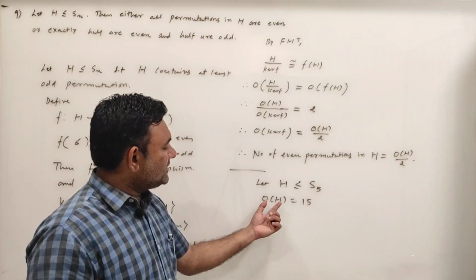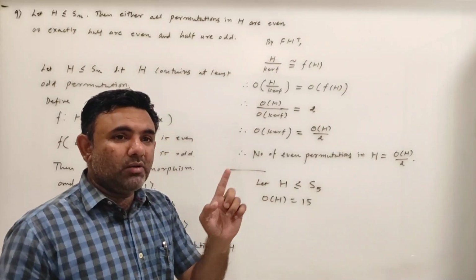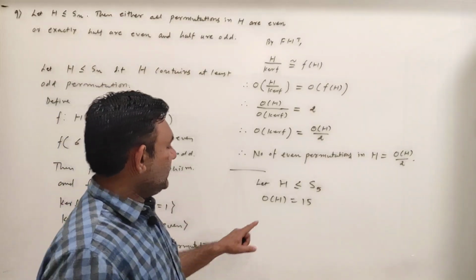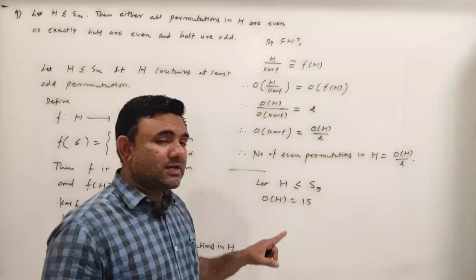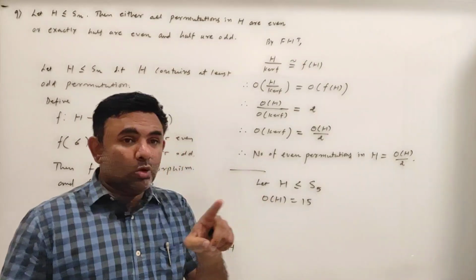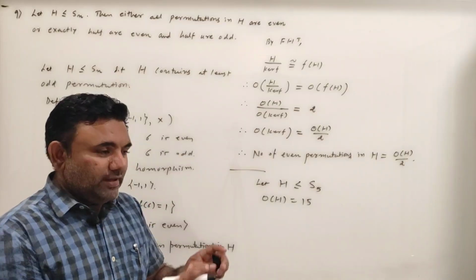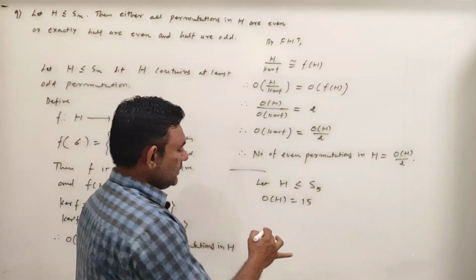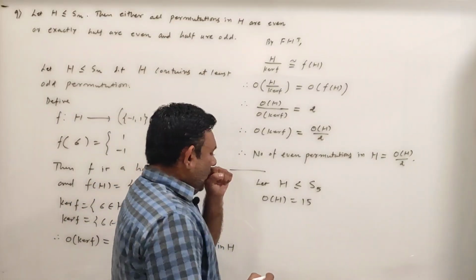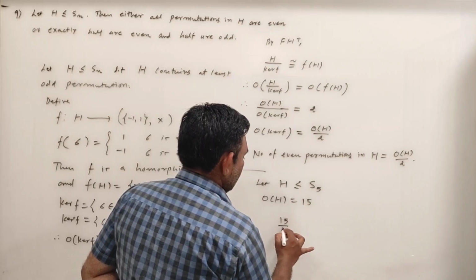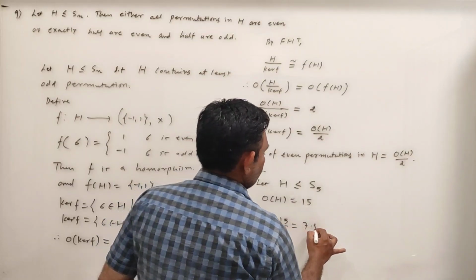how many permutations in H are even and how many are odd, I claim that all the permutations in H are even. Why? Because if it contains at least one odd permutation, then exactly half are even and exactly half are odd. Half of 15 is 7.5.